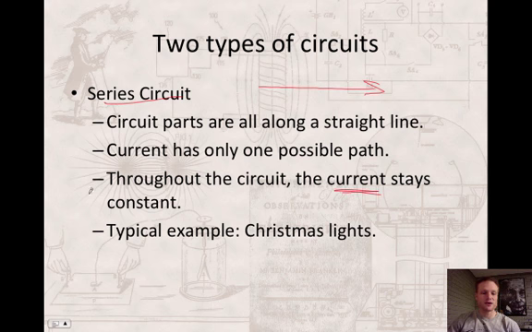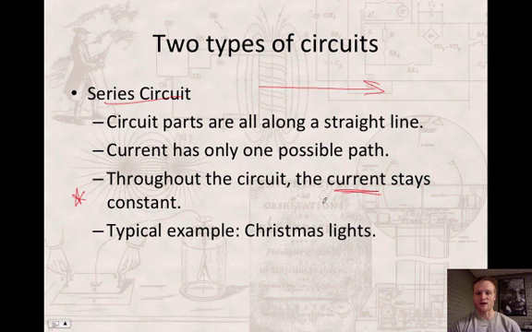That is one difference from a series circuit to the other type, which is called a parallel circuit. The current does stay constant throughout the entire series circuit. A typical example would be Christmas lights. The newer ones, this is not so true, but if you have an old pair of Christmas lights, you're probably looking at a series circuit, and the reason why is that if one of the light bulbs is burnt out in that string of Christmas lights, the whole string is broken.